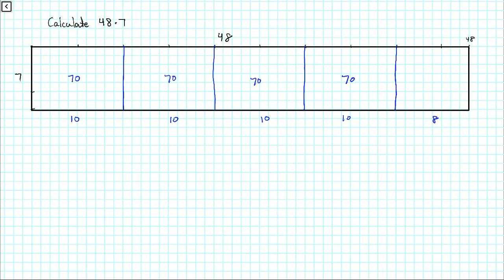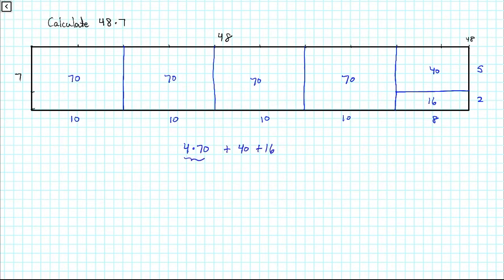Let's see, how do we do that? I've got 8 times 5 is 40, and 8 times 2 is 16. So this tells me I've got 4 groups of 70, plus 40 and 16.